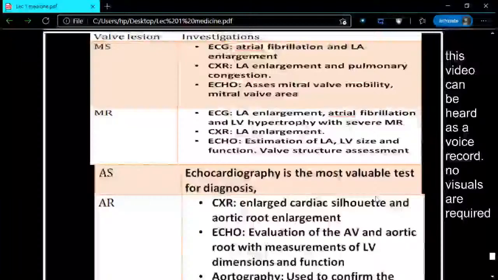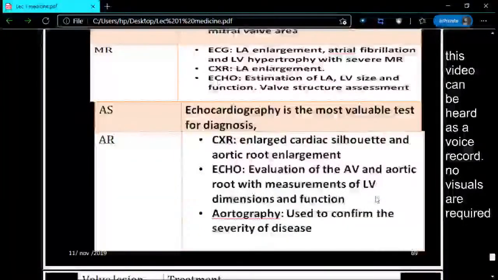Last one, AR. AR is the one with insufficient flow of blood from the ventricle to the atrium, left.